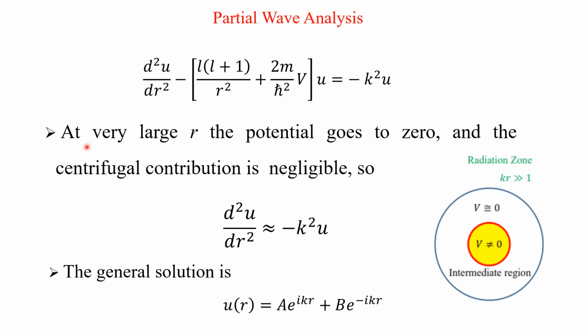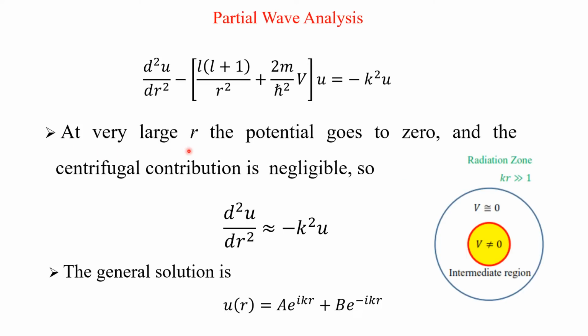At a very large distance, the potential goes to zero. You can see from this diagram, I have divided it into three portions. The yellow shaded one is the scattering region, the outer circle is the intermediate region, and above the outer circle is the radiation zone where k times r is very much greater than 1.